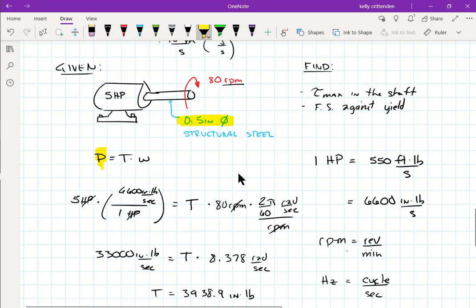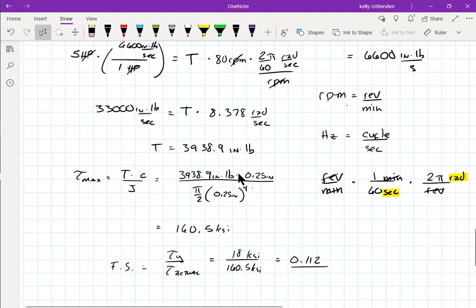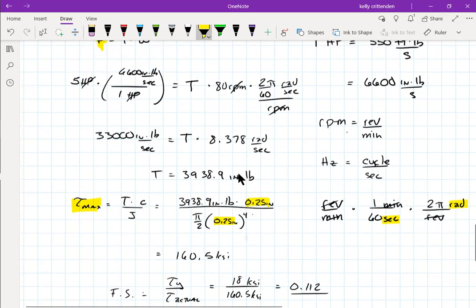In this case, the diameter would have to be pretty large to support the torque that we're trying to deal with. But we could do that. We could leave the diameter as a variable in here and say that tau allowable basically would have to be like 9 KSI to have a factor of safety of 2 against the shear stress, and calculate the necessary diameter, which would end up being pretty big.